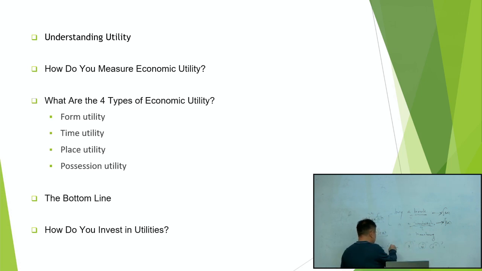Number 2 is better than number 1, meaning it's more delicious. The fifth apple is the most delicious utility, but the first apple is only 1 utility. So we can compare the first apple and the fifth apple as 5 times the difference in deliciousness. This is for ordinal utility.